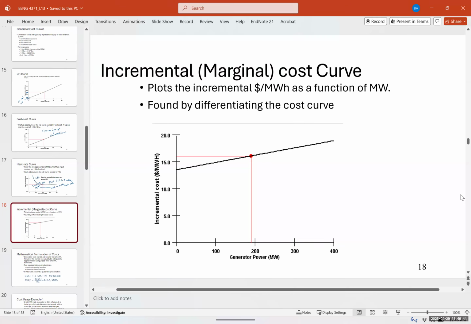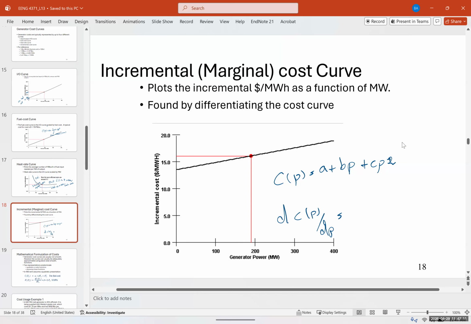Now, mathematically, incremental cost is the derivative of the fuel cost curve with respect to power output. So if your cost curve is C(P) = A + BP + CP squared, if we take a derivative of this, dC(P) over dP, what would the answer be?